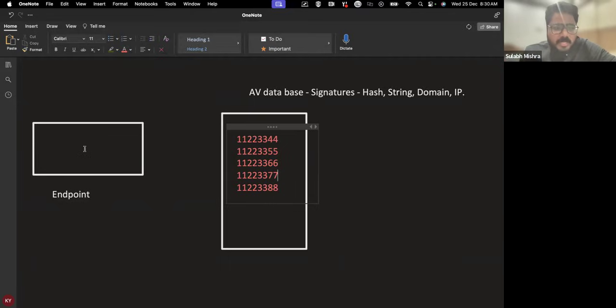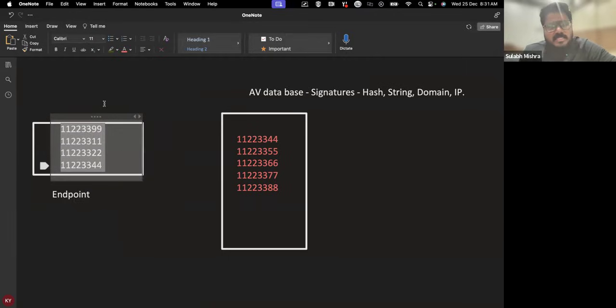Now, on your endpoint, you'll have the files, and the hashes of those files go like, let's use the same numbers, but I'll make it 99, or I can make it 11, and I can make it 22, and I can make it 4.